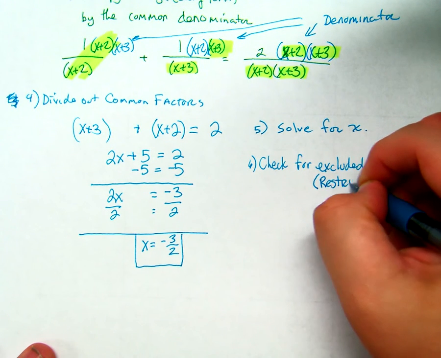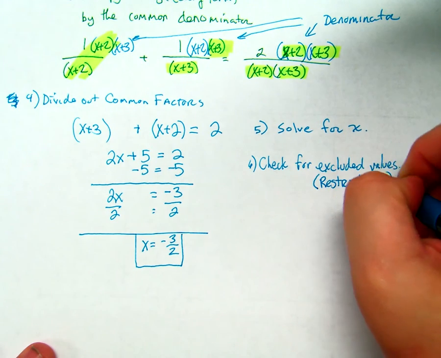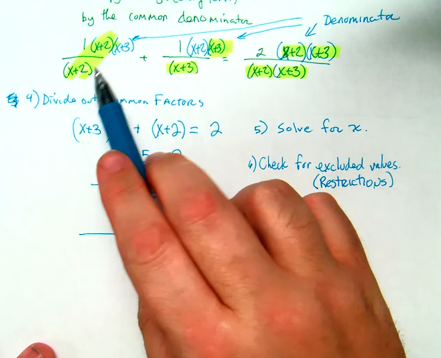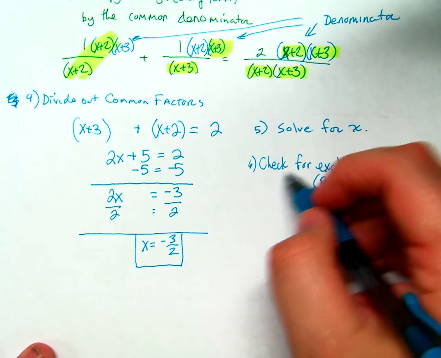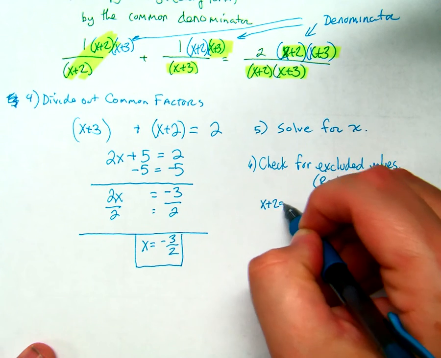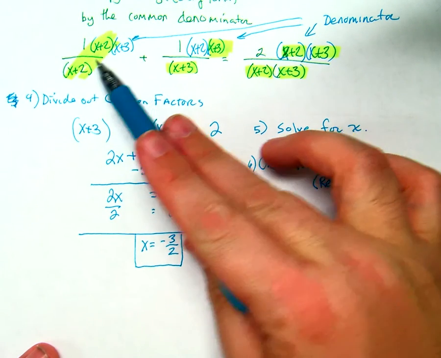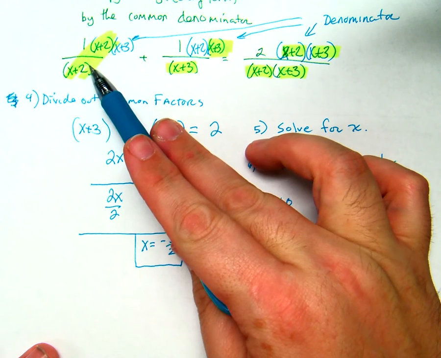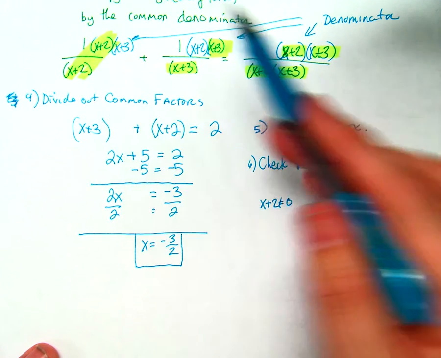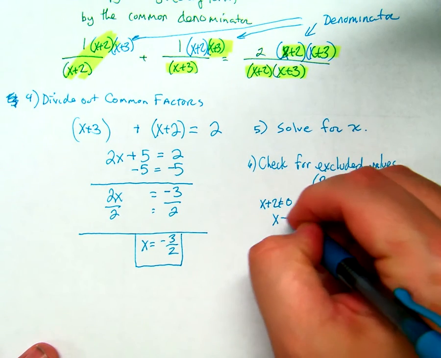Restrictions. Basically, it's saying, all right, in the denominator here, I have x plus 2. x plus 2 can't be equal to 0. Why can't I have x plus 2 equal to 0? Because it will be undefined. Yeah, it would be undefined, so I can't get the answer. So x cannot be equal to -2.